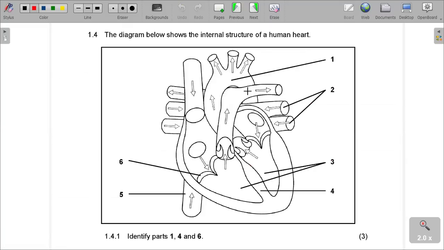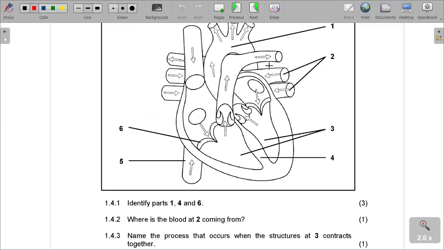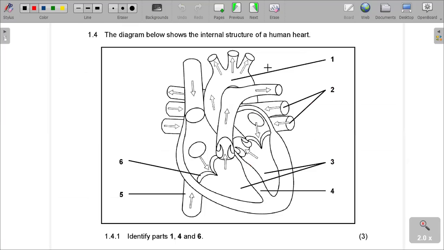1.4.1, this is the diagram that shows the internal structure of a human heart. Identify parts 1, 4, and 6. What is 1?